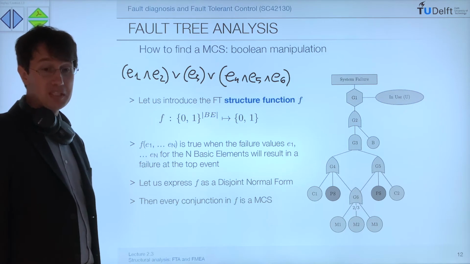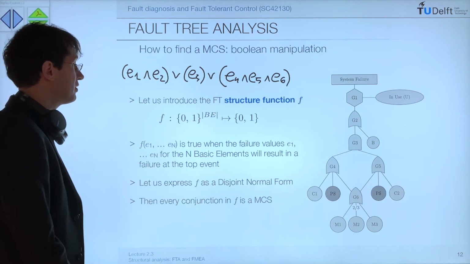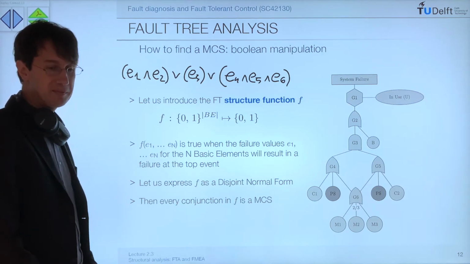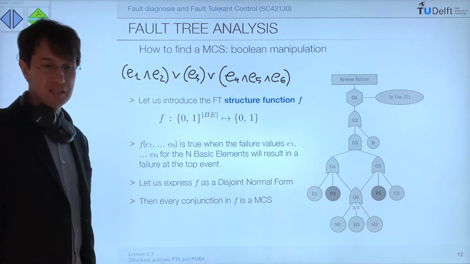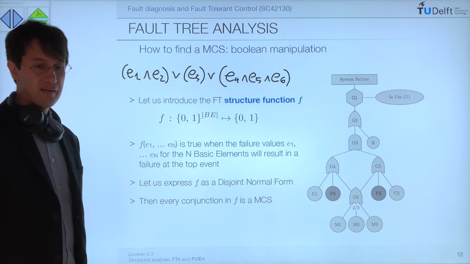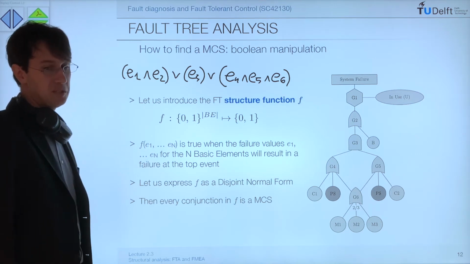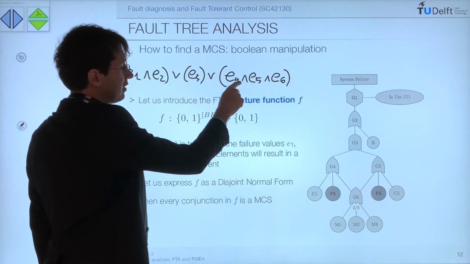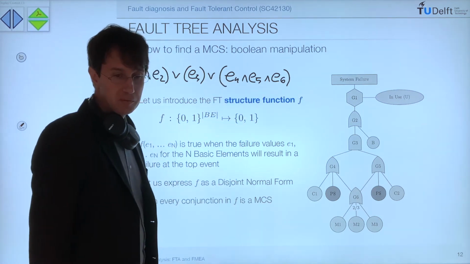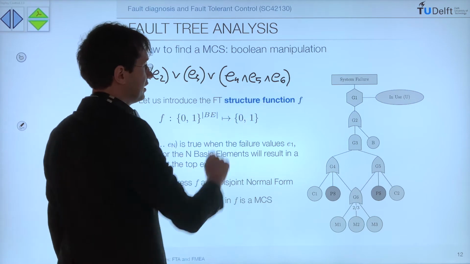So considering how the OR operates, if at least one of these terms is true, then the entire function is true. But for one of these terms to be true, all the individual arguments need to be true, because this is an AND.